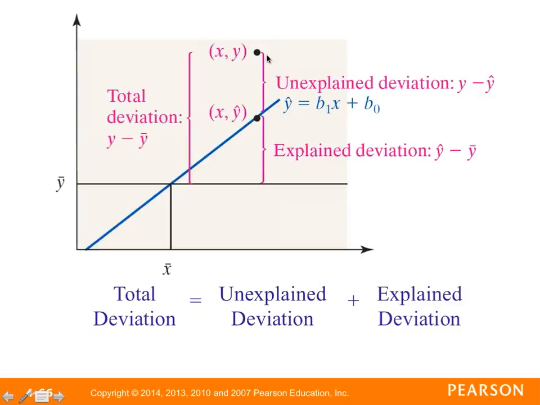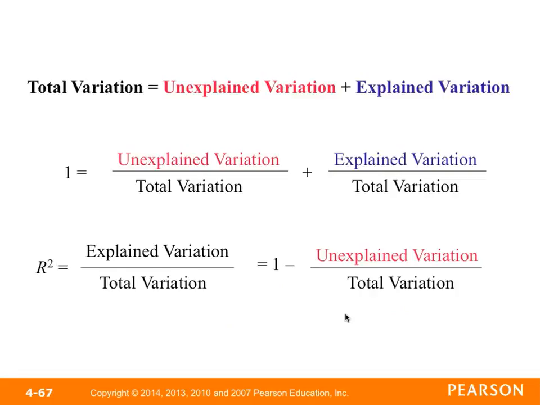The unexplained deviation exists from our actual point to where our predicted value is, but the explained deviation, which is what we have the ability to actually control and what we're good at, is from your y bar to your y hat value. And the total deviation, which I pointed out was this right here, is the sum of your unexplained and your explained deviation.